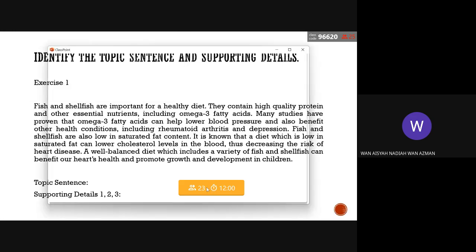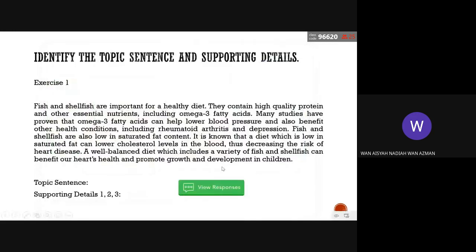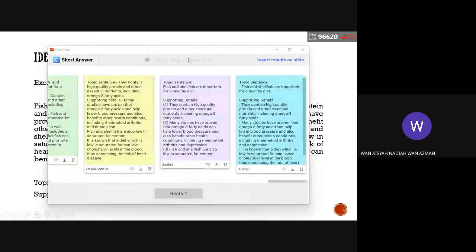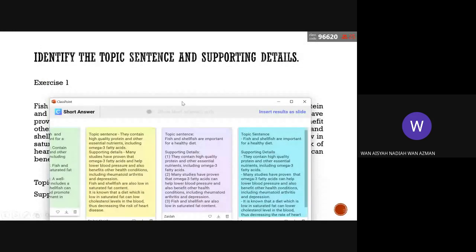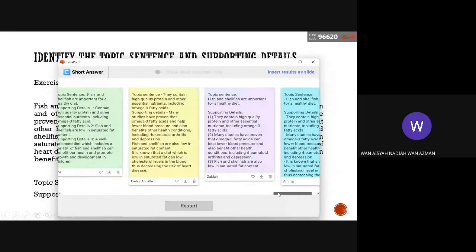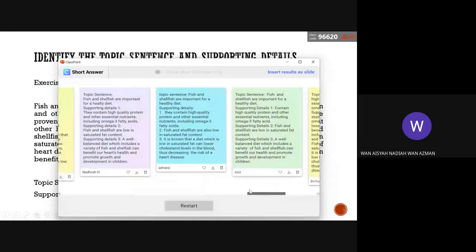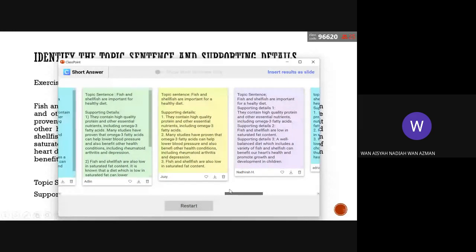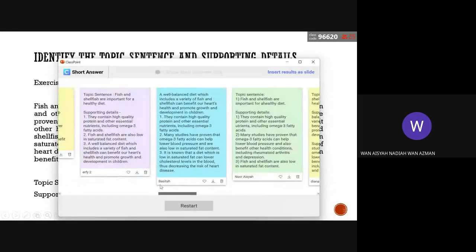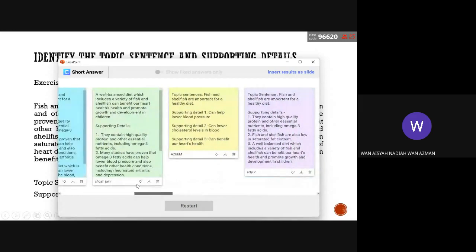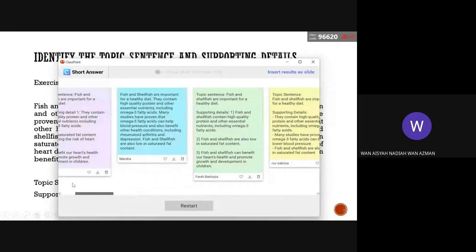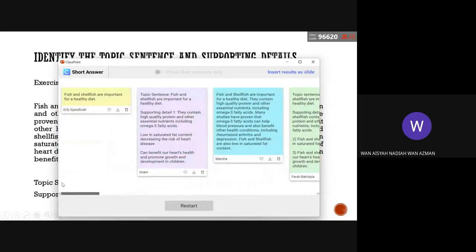All right. So let's see. Okay. So the topic sentence, okay, for this exercise would be, you can see similar answers except for 3 only. Okay.